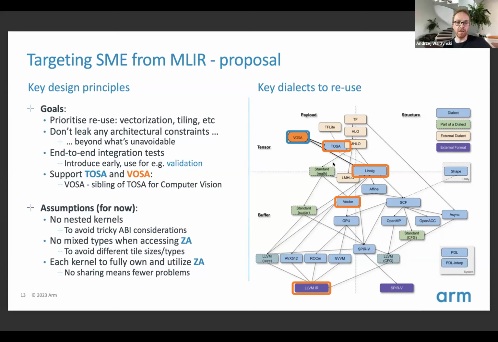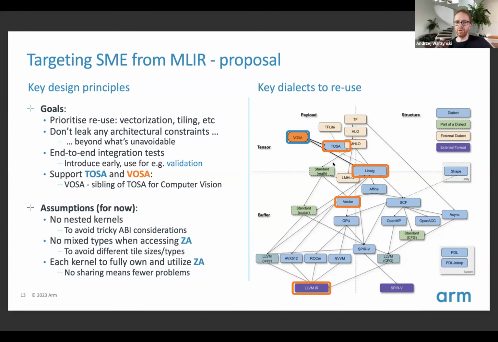I'm also highlighting a few assumptions on the left that we are making just now, and some of these have already been mentioned by Frank on Discord, so probably no big surprises here. For now, we're not really looking into nested kernels to avoid any complex ABI considerations. I did mention that there are those LLVM IR intrinsics, and if we allowed nested kernels, then we suddenly have to worry about tracking and preserving, saving, loading the ZA array, and also making sure we enter and leave streaming mode accordingly. And we believe we can actually get quite far without supporting that.